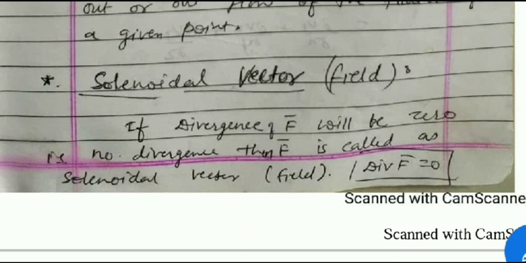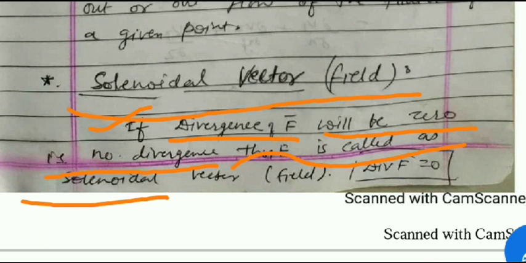Next, solenoidal vector. What is the meaning of solenoidal vector? If divergence f bar is 0, that means no divergence, then f bar is called a solenoidal vector or solenoidal field.